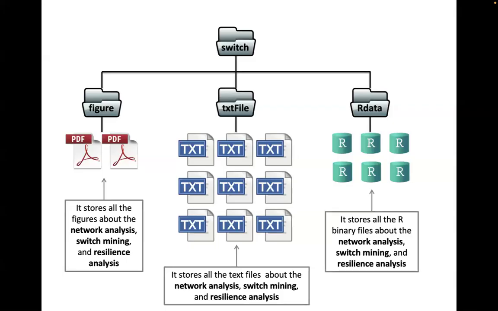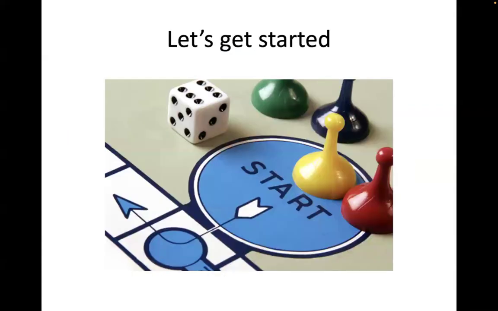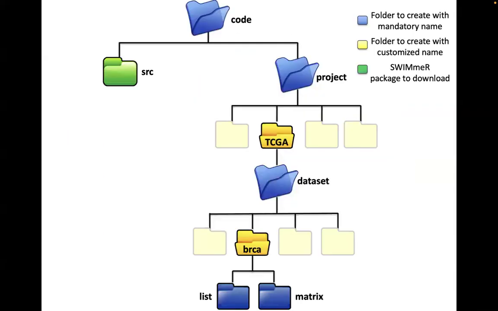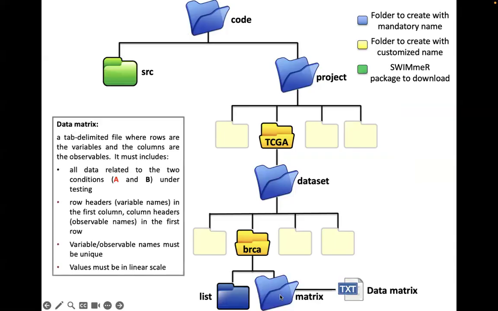Okay, and so we can start with a toy example that is the BRCA. In the folder named matrix, you have to put the data matrix of gene expression.